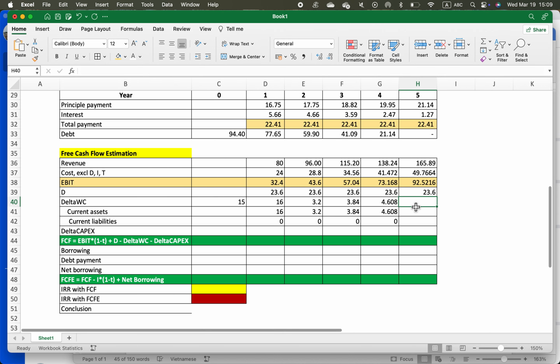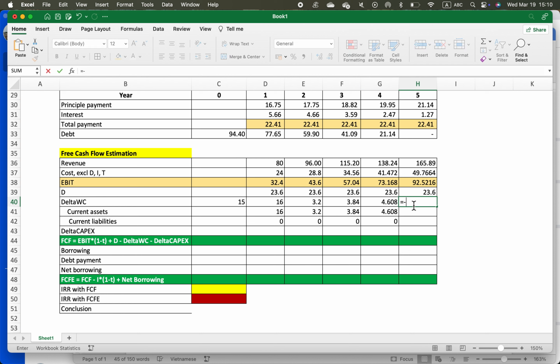Okay, so let me re-put information in here. Working capital at the end of the project is going to be this minus the sum of this, sorry.